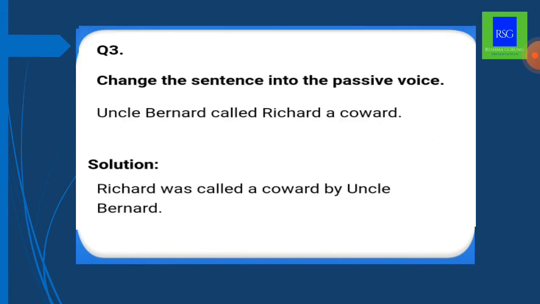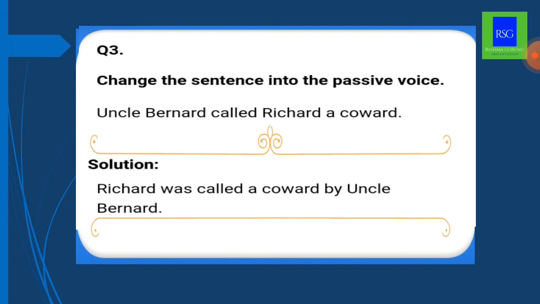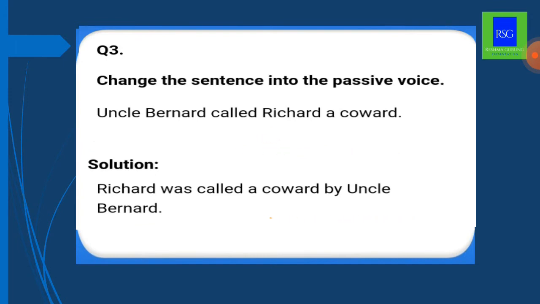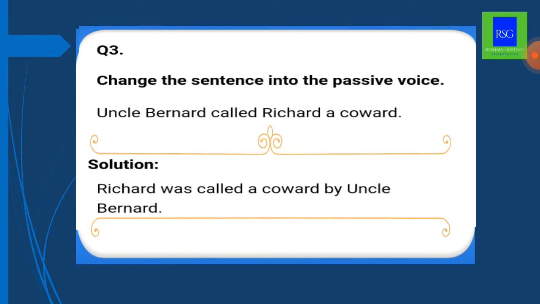The answer is: Richard was called a coward by Uncle Bernard. Uncle Bernard was the subject in the active voice, and it became the object in the passive voice, while Richard, the object in the active voice, becomes the subject in the passive voice.